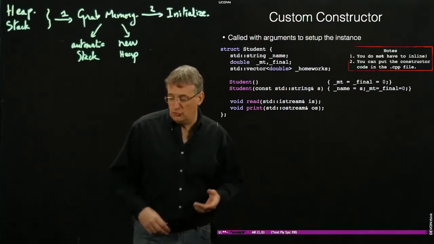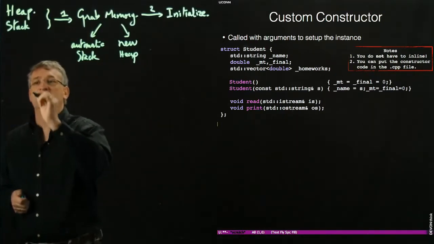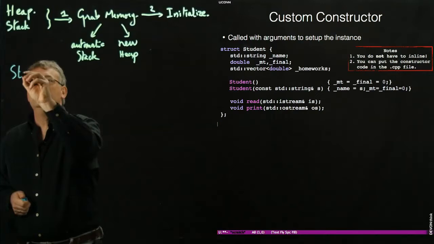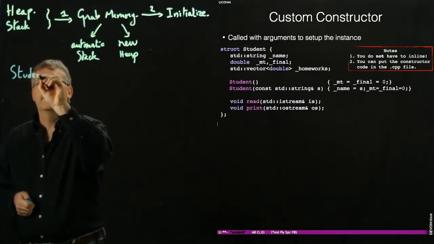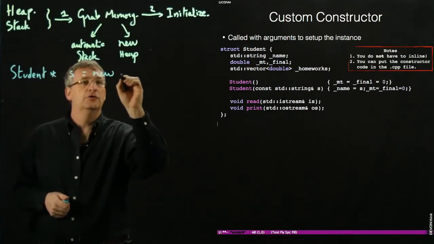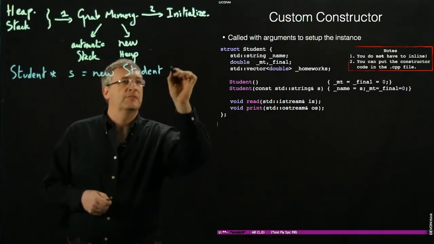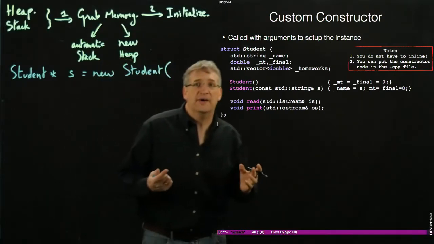It allows me to write some fairly simple code like this one, for instance. I could say Student star s equal new Student, parenthesis, and now I can pass a string.